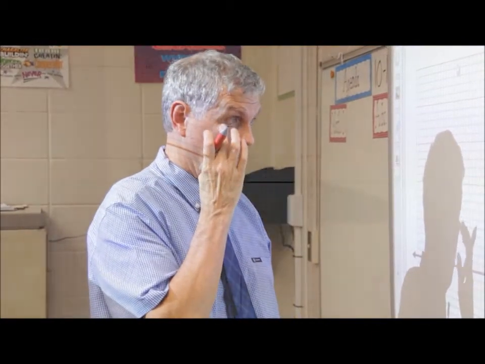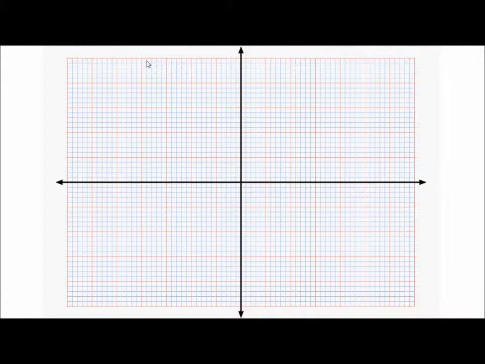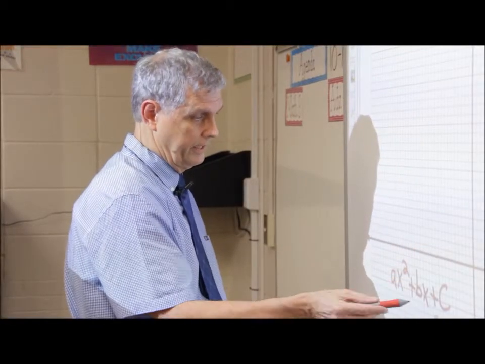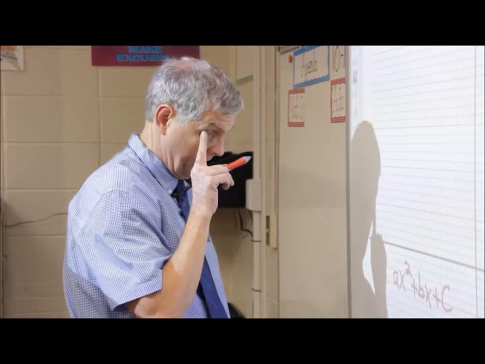Let's look at the general equation of a quadratic, of a parabola, and it's going to be ax squared plus bx plus c. Now, you've seen this before. You say, gee, I've seen this second degree polynomial. Here we have three terms. It's a trinomial.